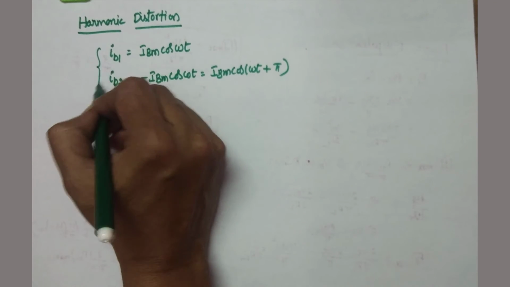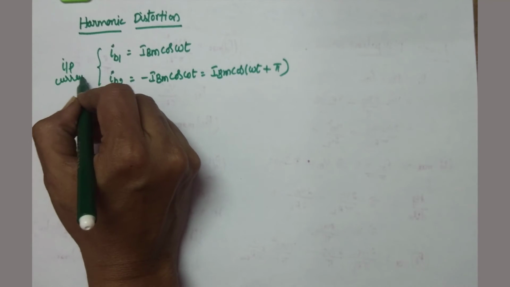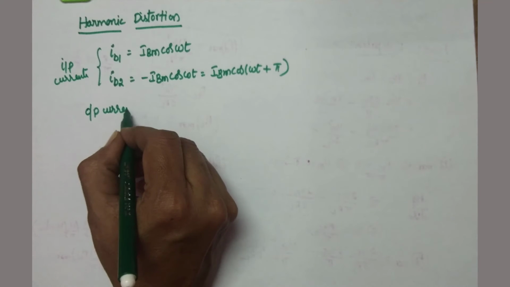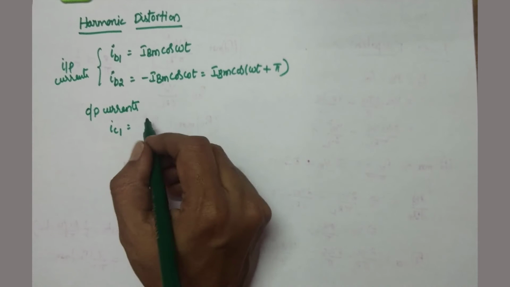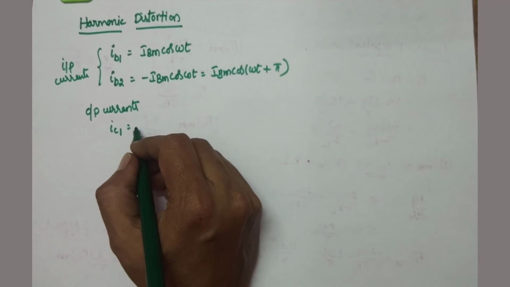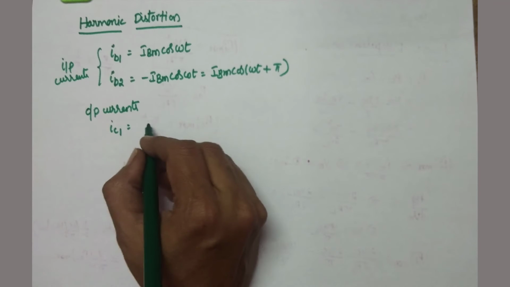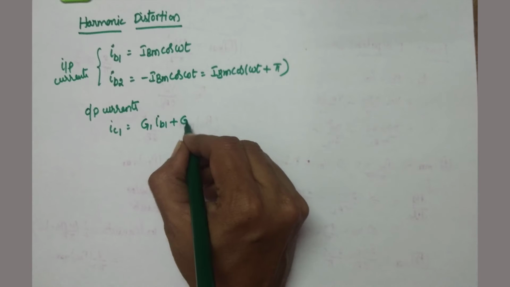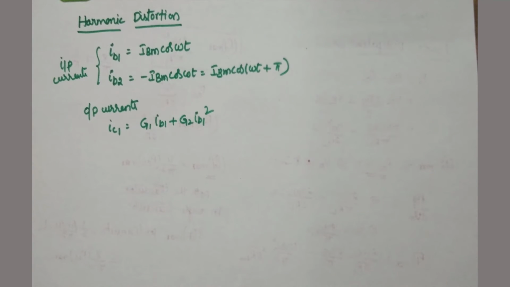These two are input currents. Then the output currents are, first I'll write IC1. In the concept of harmonic distortion, you can assume IC1 as G1 IB1 plus G2 IB1 square because of the nonlinearity of the transistor.